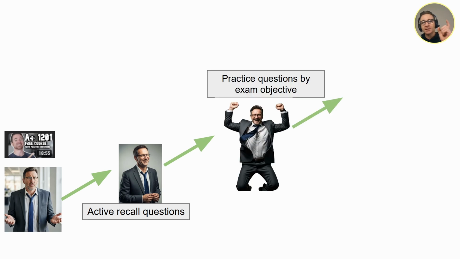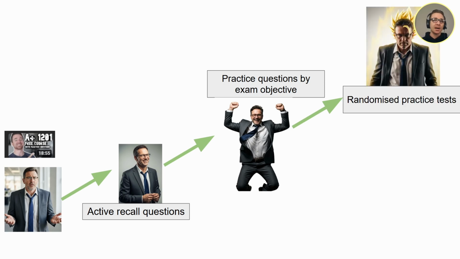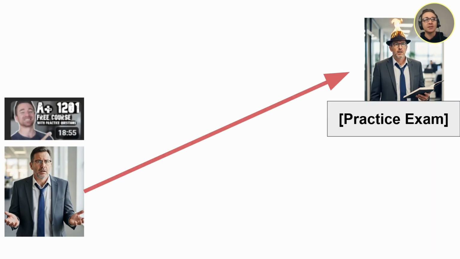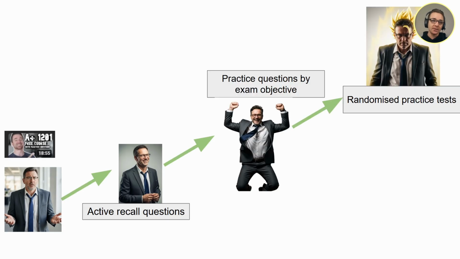Then practice multiple choice questions by exam objective, just like we've done in this video here. You've looked at practice questions based on a specific exam objective. It's in an organized format. And then once you've done that for all and you feel like you've gone back to fill in your knowledge gaps, then you try those randomized practice tests to see if you're ready for the real thing. If you don't follow that order, you're gonna feel overwhelmed and screwed. If you do this, you're gonna feel ready and like you can actually tackle it.